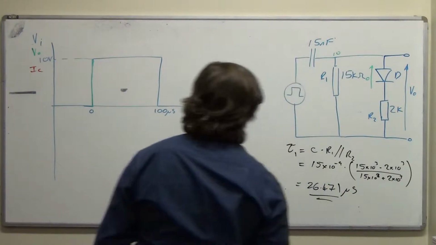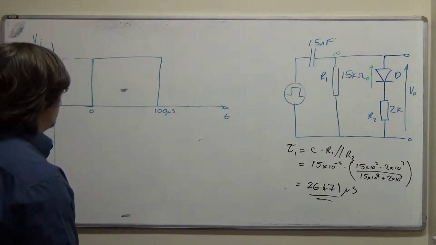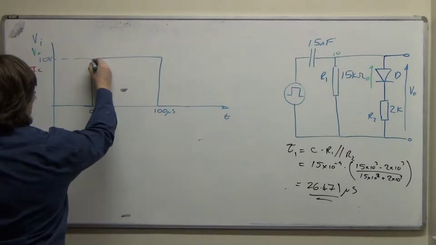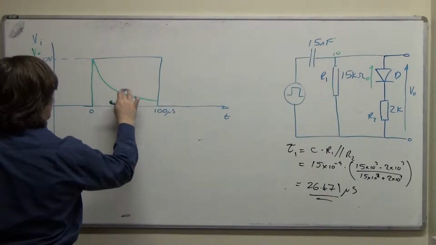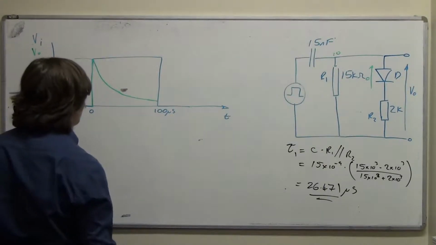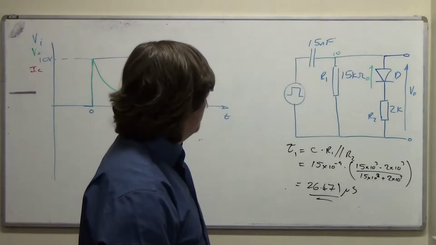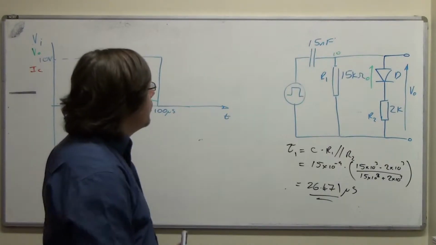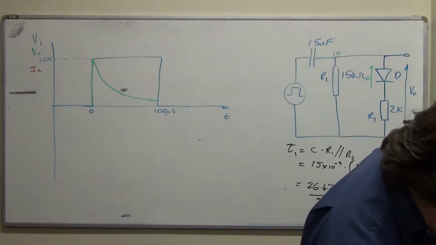26.471 microseconds. So in 100 microseconds we'll get about 4 time constants. So it won't quite make it all the way, but it will have a fair try. So something like that, I would think. Maybe even more. And then there will be the question of, in the answer we give, do we assume?